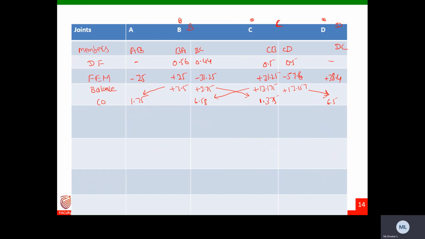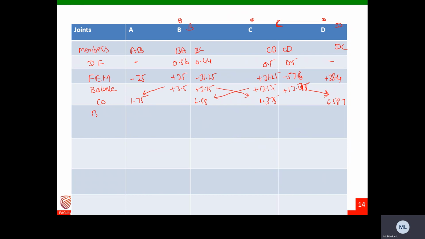This is 13.175, guys, please. This is 13.175.